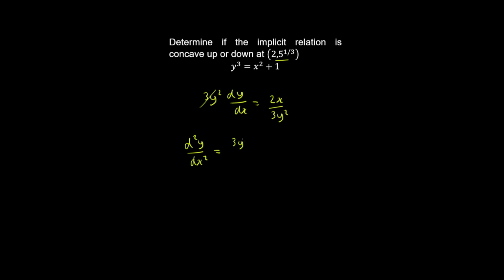So we have (3y² times 2 minus 2x times 6y dy/dx), divided by (3y²) squared, which is 9y⁴. Now you can substitute for x and y to get the derivative, and then substitute for x, y, and dy/dx. From that you can determine if the curve is concave up or down, and post your answer in the comments.